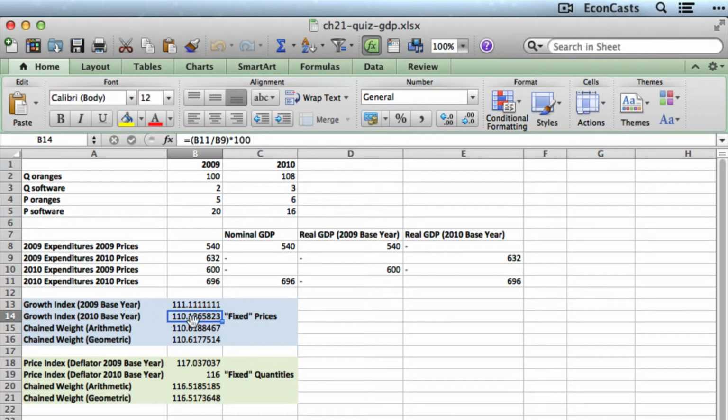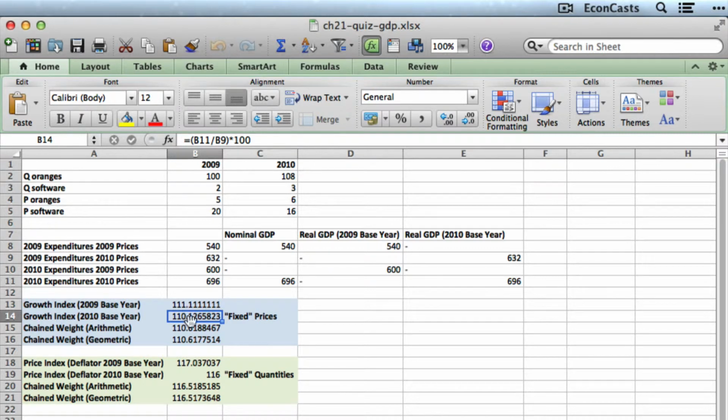So we see that depending on which base year we pick, we're going to arrive at different estimates of the growth rate. Neither one of them is wrong. They both contain valuable information, but depending on which base year we pick, we're going to arrive at different estimates.